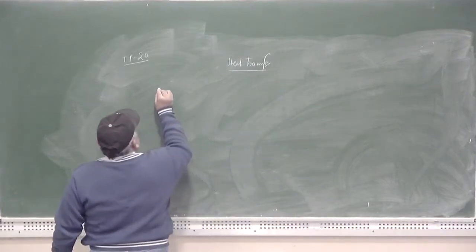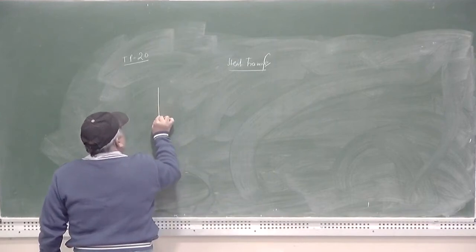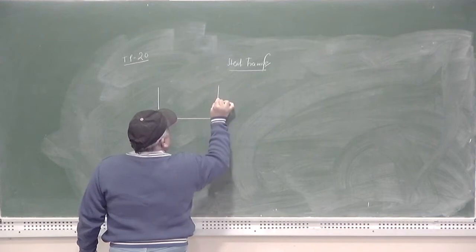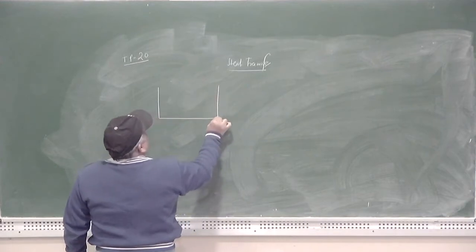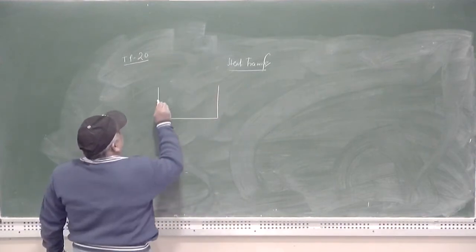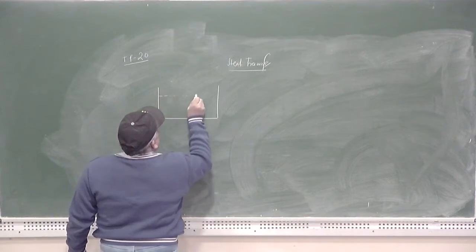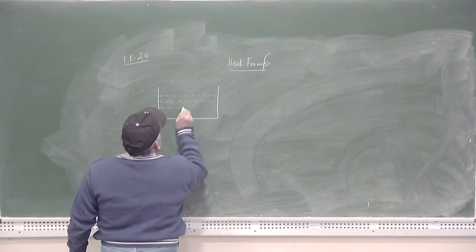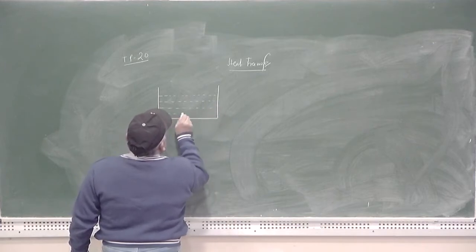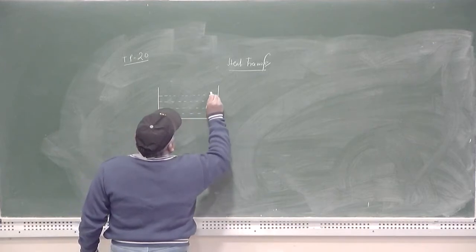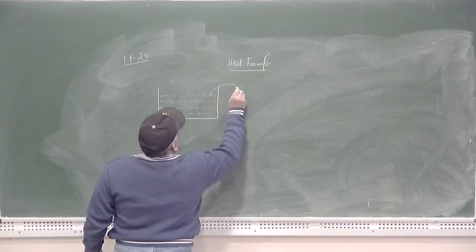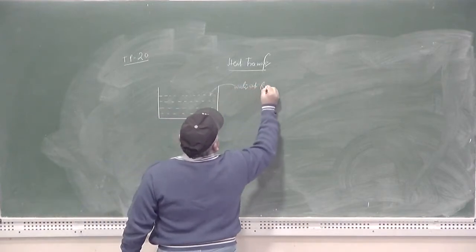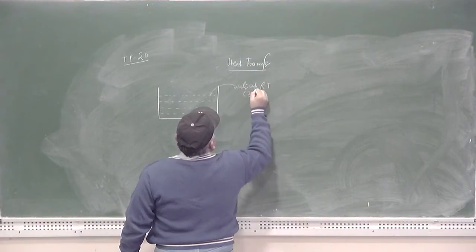Let us suppose this is a container in which there is water at a particular temperature, this is room temperature. Water at room temperature, let us suppose 30 degree centigrade.